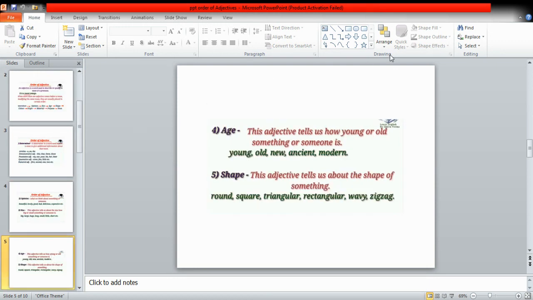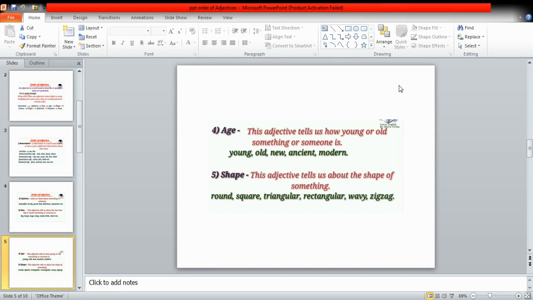Then the next kind in the order of adjectives will be age. This adjective tells us how young or old something or someone is. The words which tell us about the age of a noun are young, old, new, ancient, modern.